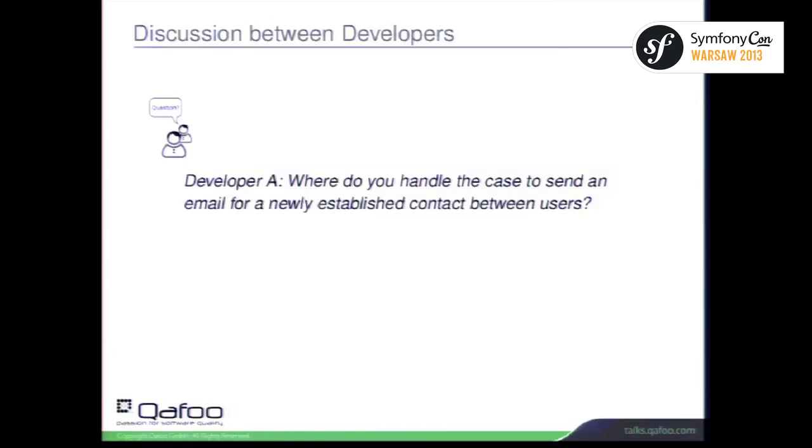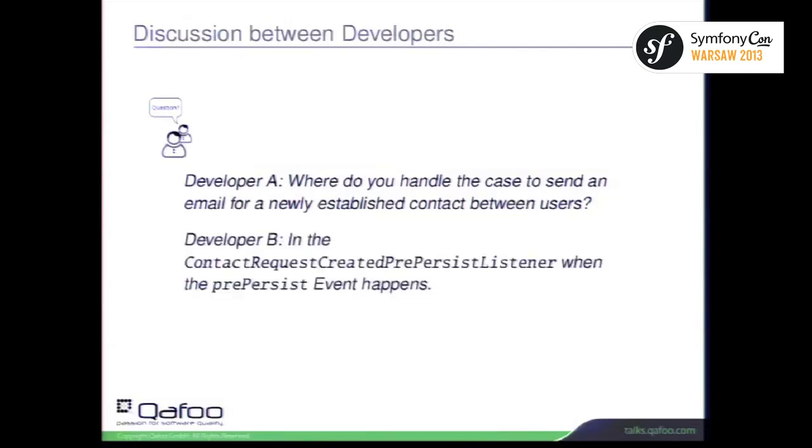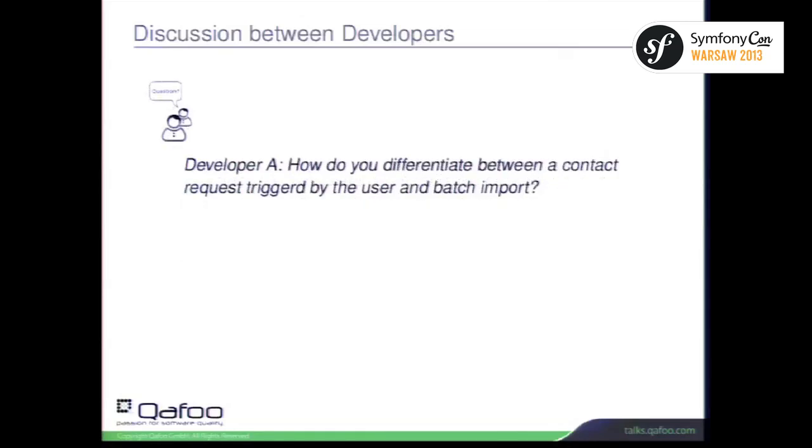You can implement this in Symfony quite easily using a Doctrine event. I could create an event listener, and developer B says, I have a contact request created pre-persist listener, and in the pre-persist event, I send the email. Okay? Next question from developer A: but now, how do you handle the case that we also have batch imports of contacts?